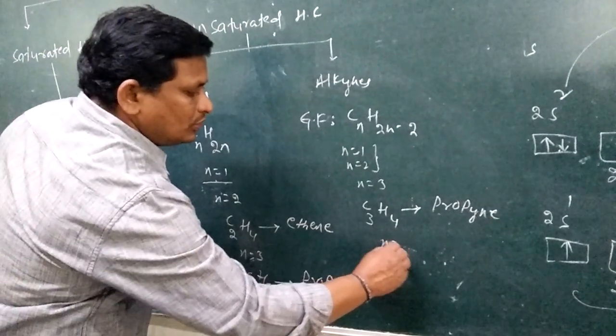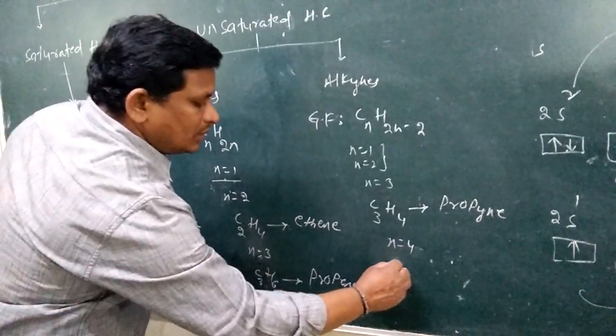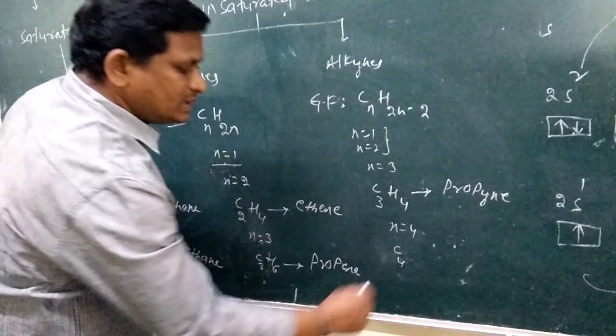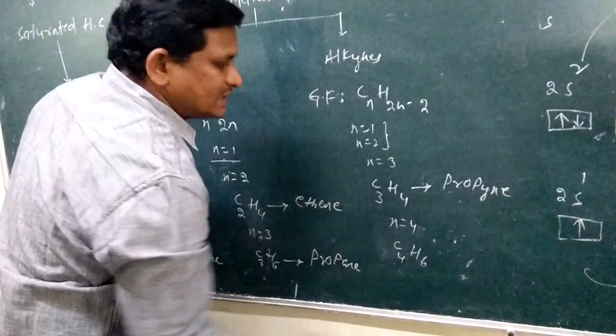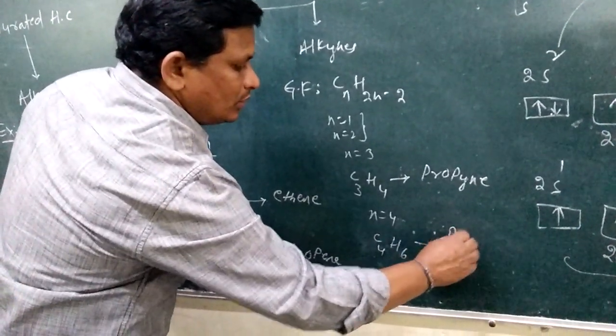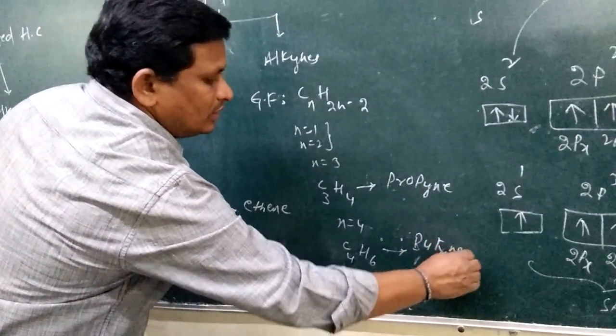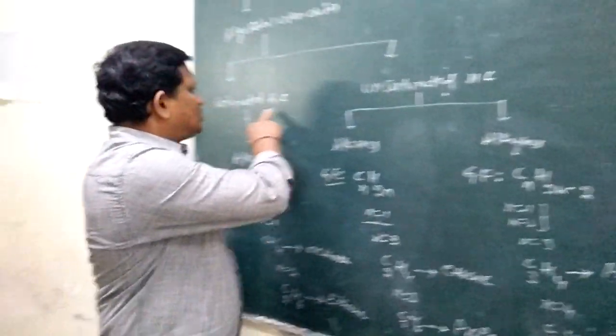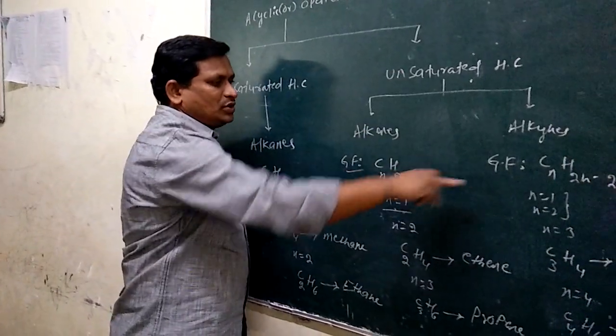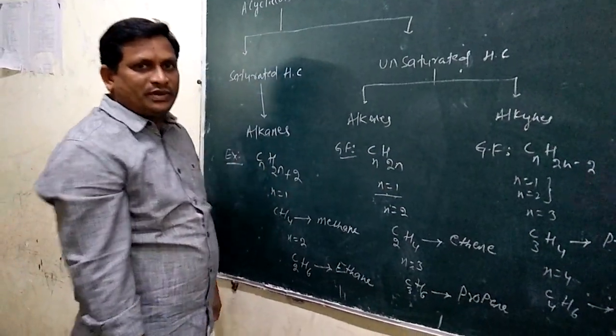If n equals 4, the molecular formula is C4H6, which is butyne. These are the saturated hydrocarbons, and these two are the unsaturated hydrocarbons.